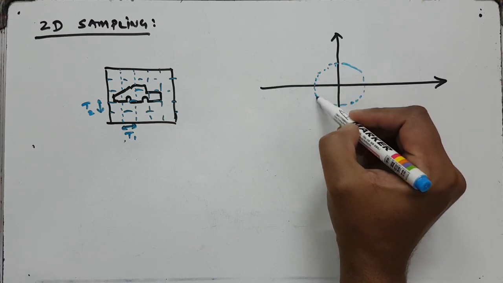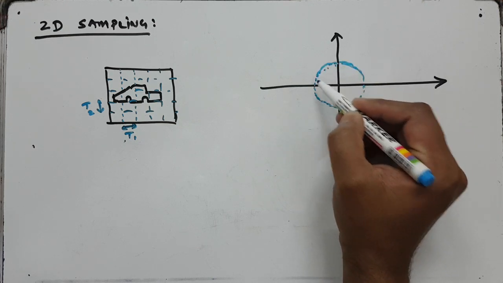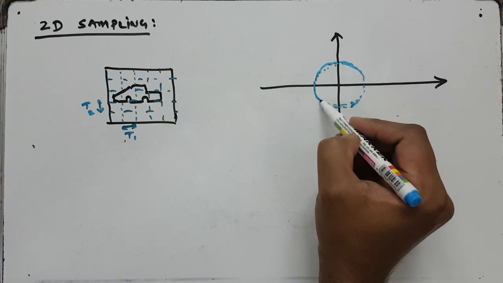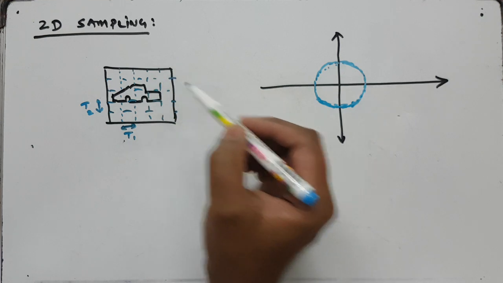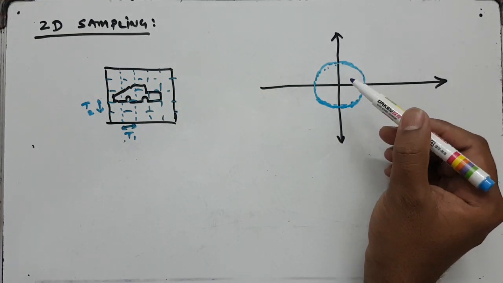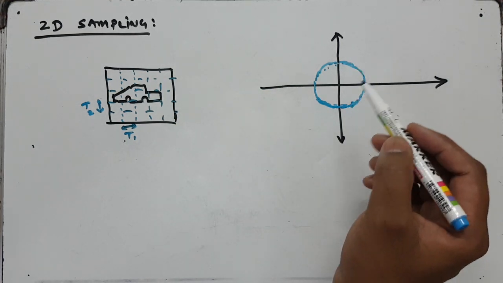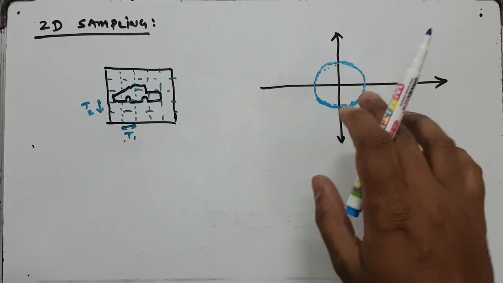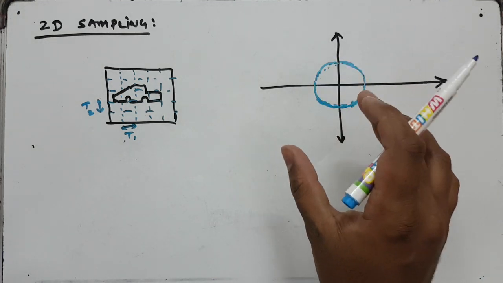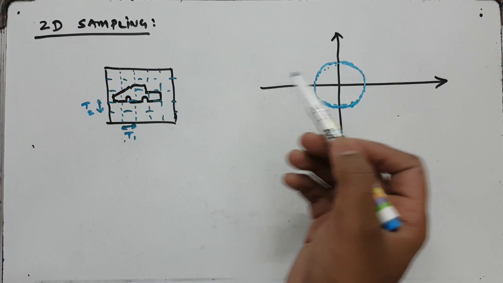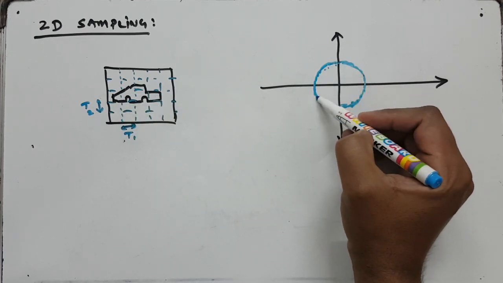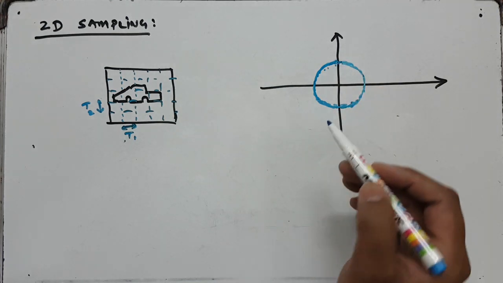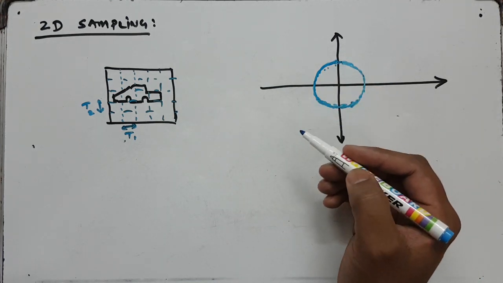So this shape is not the 2D Fourier transform of the image, but it is actually the area where all the frequencies are present, those frequencies which are actually present in the image. So this is the support which I have drawn here. We had covered this in detail in the class.